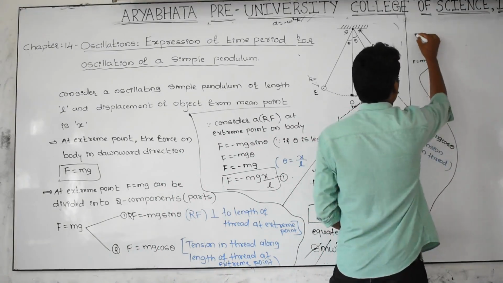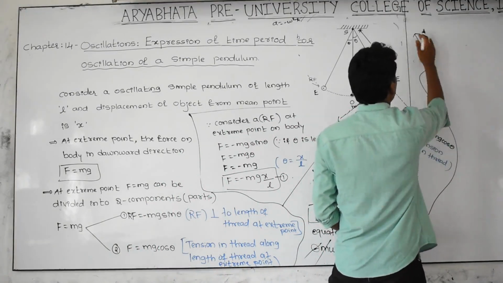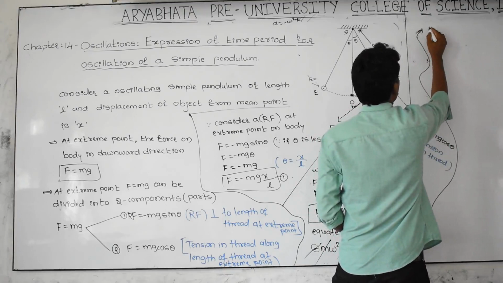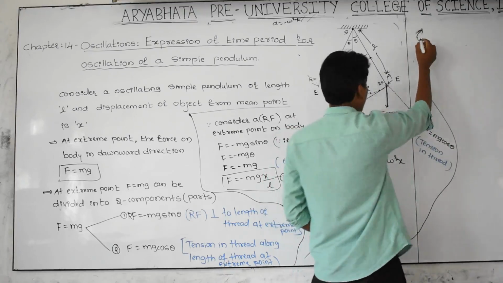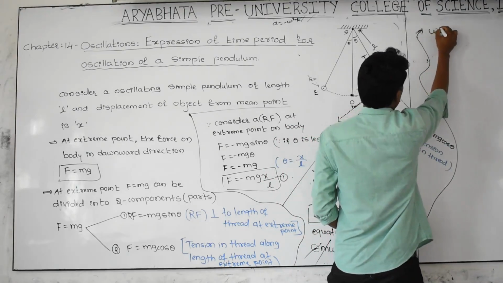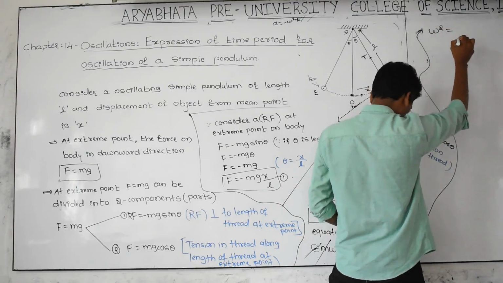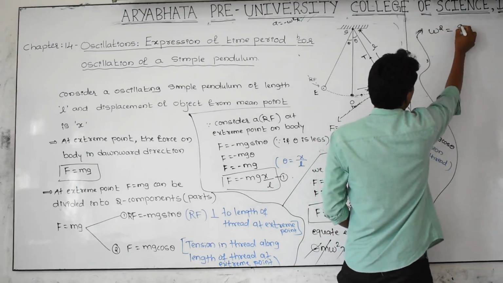What is remaining, I am writing here, that is omega square is equal to g by L.